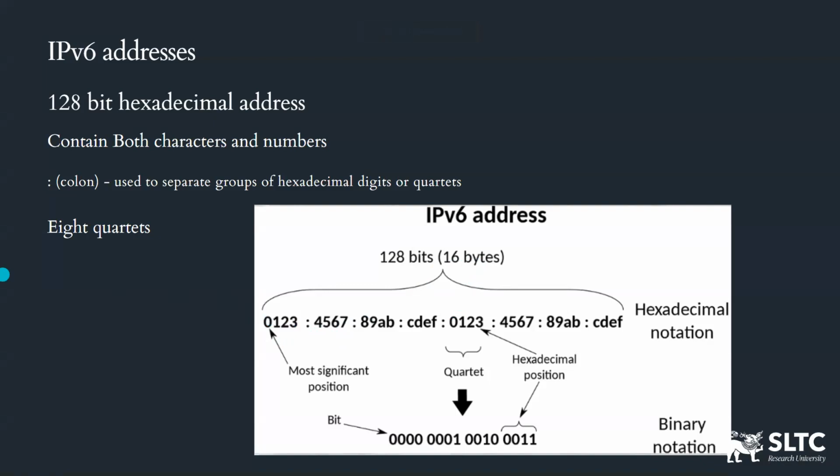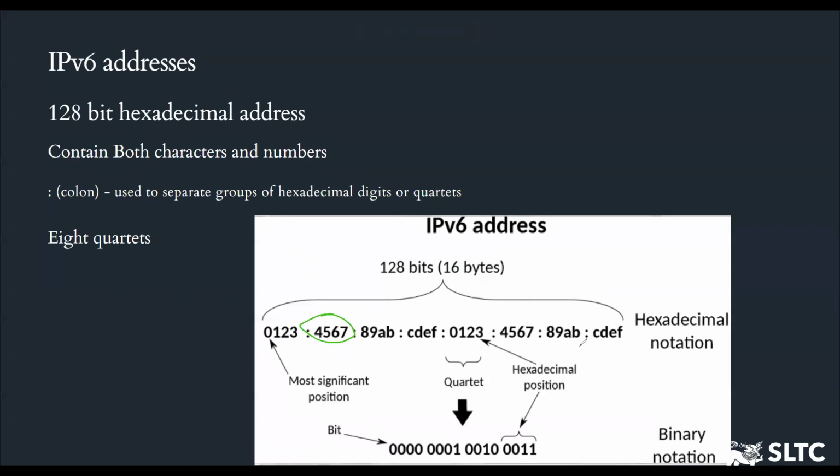And we have 8 quartets like this, and each quartet we can represent each of the numbers of these quartets. Inside the quartet we have 4 numbers or characters, right? We have both characters and numbers, and each of them we can denote using 4 bits.